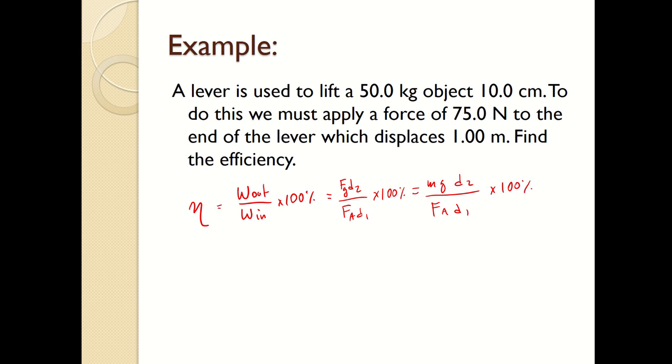So now we can plug in the values for the mass and the distances and the force applied. So let's do it down here. So the mass is 50 kilograms, so 50.0, so that's 3 sig figs, times the gravity, which is 9.8, times the distance. Distance 2 is going to be 10 centimeters, which is again 0.100 meters.